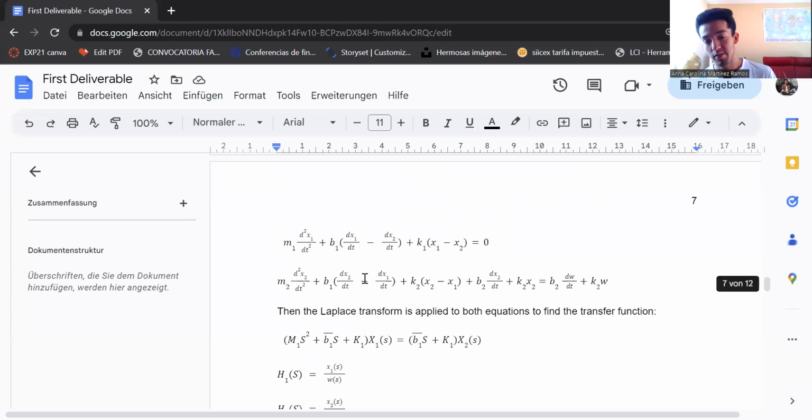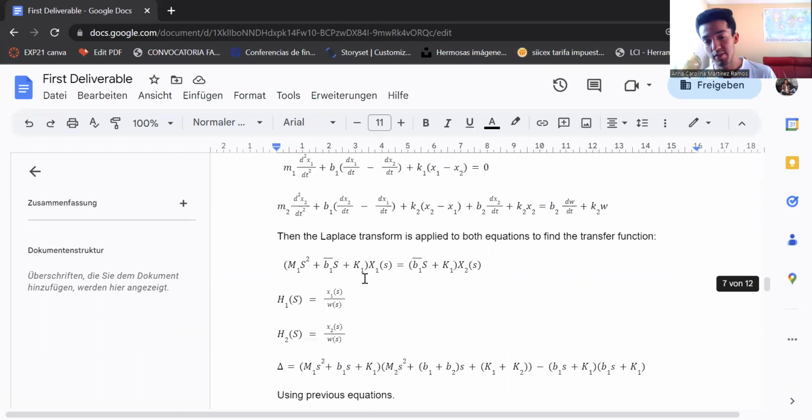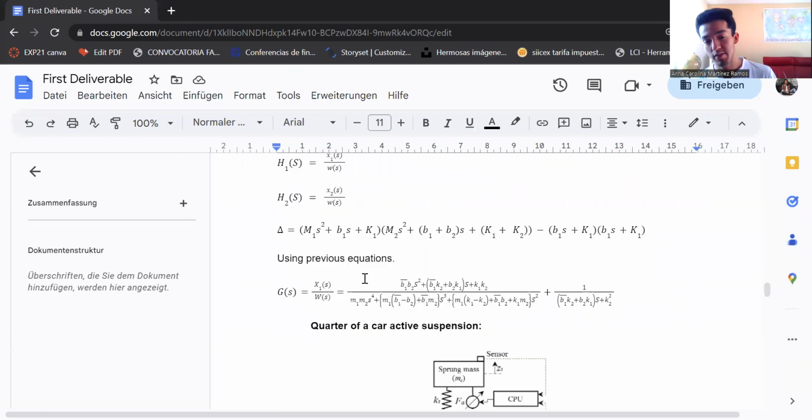Once we have the transfer function, we can use these first equations in order to find the line of correlation between those variables.